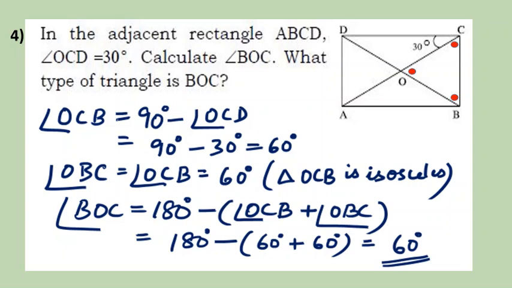If you deduct, you will get this also as 60. So in this case, it is not just isosceles, it happens to be equilateral also.